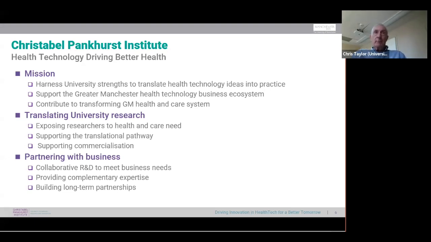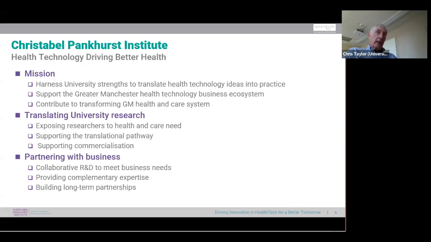So translating research into practice, supporting the health technology ecosystem in Greater Manchester, and through that combination, contributing to making a real difference to health and care in Greater Manchester.